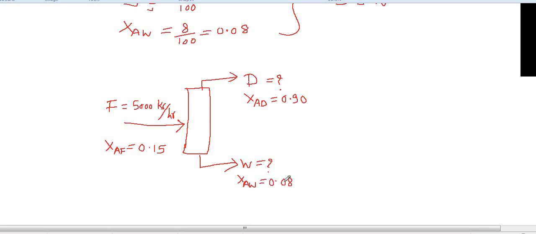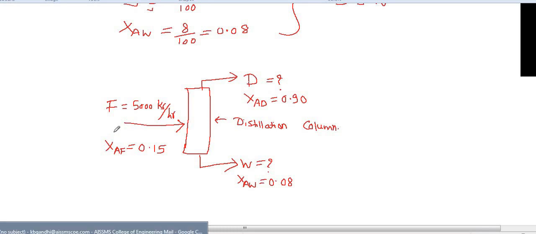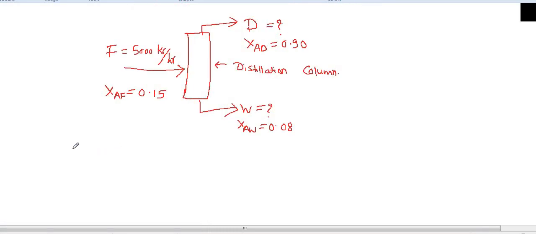So with this data we have to find out now the quantities D and W. So this is our distillation column. From top we get distillate, from bottom we get waste. So we'll write down now the material balance equation, and with the help of this material balance equation we are going to find D and W.